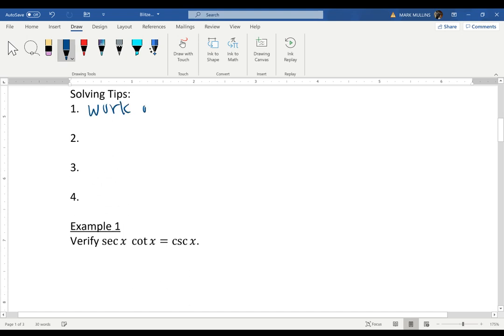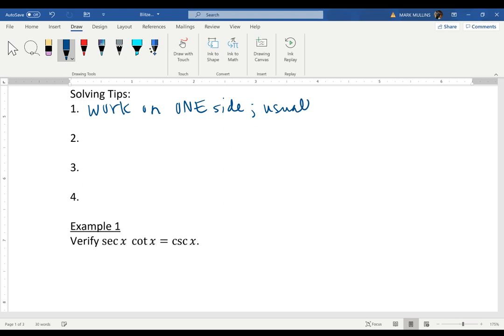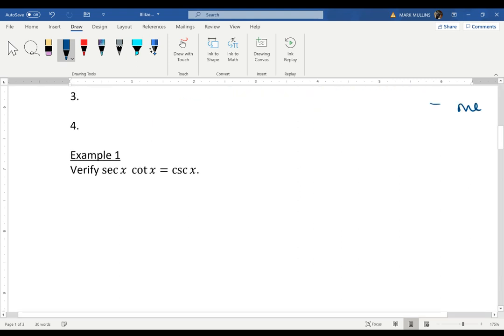Work on one side. Usually you pick the complicated one. By complicated, we mean just more stuff. So that means I am going to be working with secant x, cotangent x.